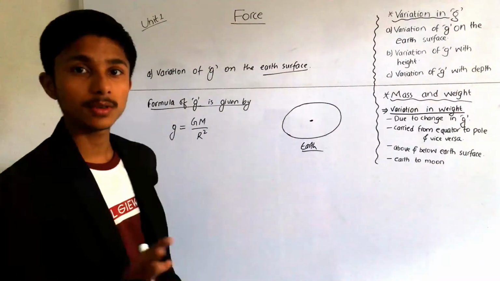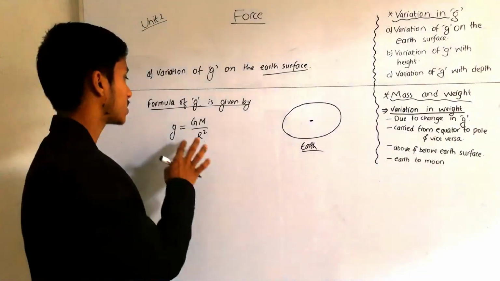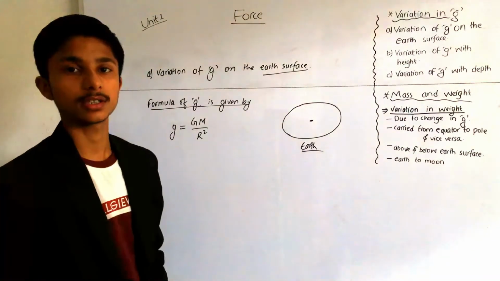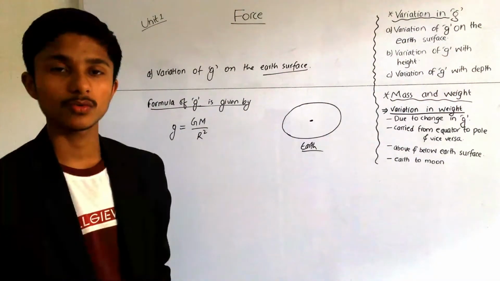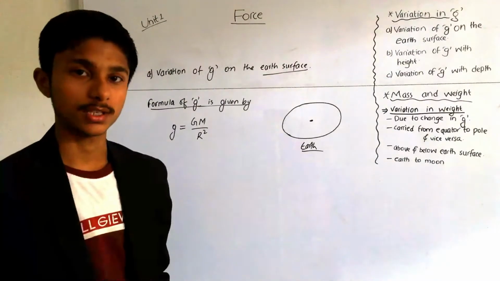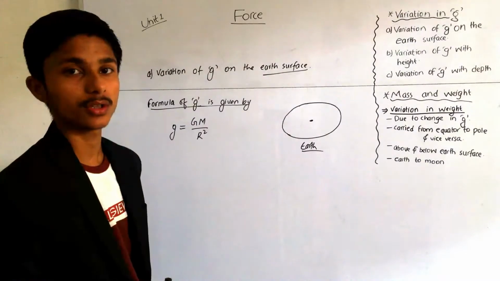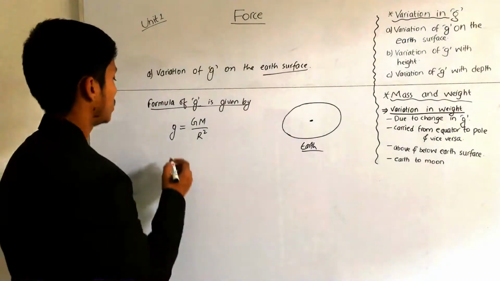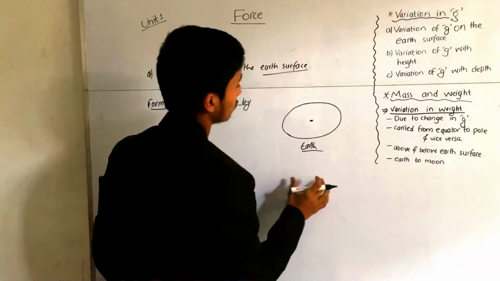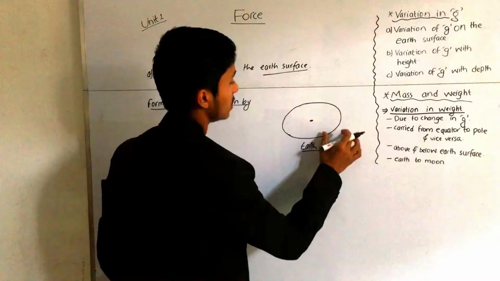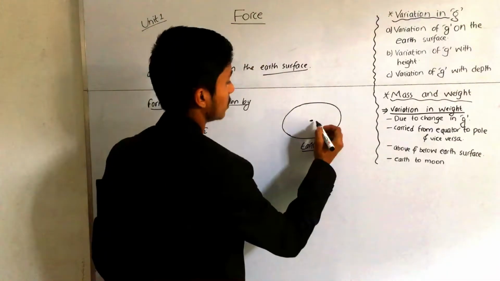In previous lectures, I have discussed this universal gravitational constant. So if you haven't watched the video, then go and watch it, because this lecture is extremely dependent on the previous one.